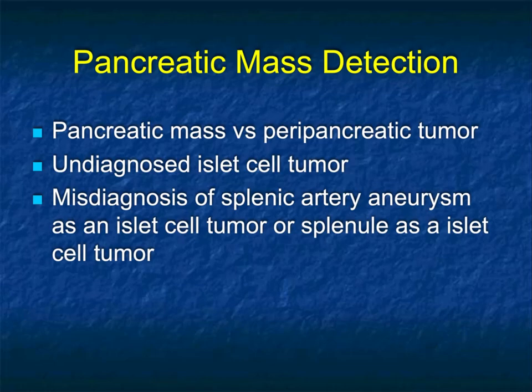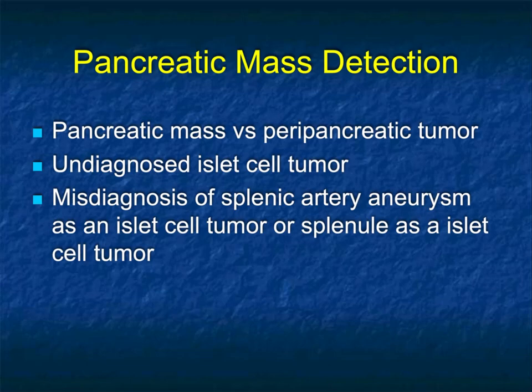Those are some mistakes. Also, in terms of pancreatic mass detection, I have spoken to you about the importance of the pancreatic duct. That's probably the most common reason people misdiagnose pancreatic cancer: just saying there's a dilated pancreatic duct and blowing it off. When you see a dilated pancreatic duct with abrupt stopping, you have to be suspicious there's a tumor present.